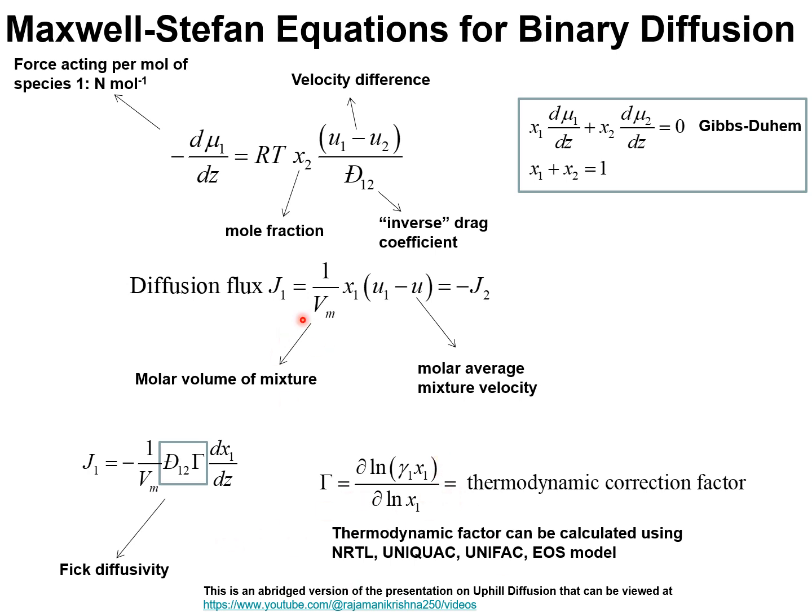And the Maxwell-Stefan equations can be recast into the form: flux of component 1 is proportional to the mole fraction gradient of component 1, and the constant of proportionality is the Maxwell-Stefan diffusivity times gamma.